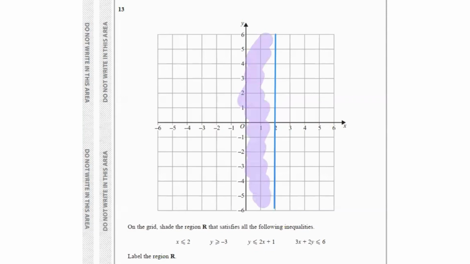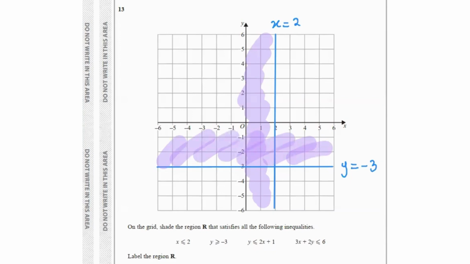Then it says y is greater than or equal to -3. So draw a line at -3. Just going to label this as well: x equals 2, y equals -3. So for y equals -3, it's greater than or equal to, so that means above the line.